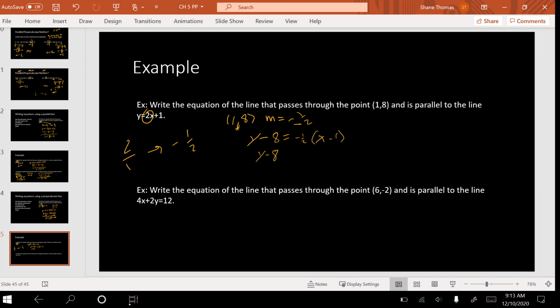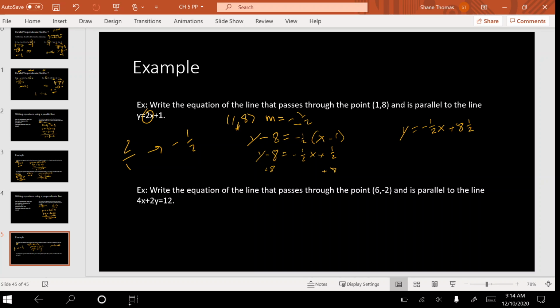So I have y minus 8 on the left, distribute a 1/2 through, what's that going to be then? Okay, so then I have to add an 8 across, right? So add an 8 to both sides. So then I'm going to have y equals -1/2 x, and then what's 8 plus 1/2? 8.5. You can just leave it like that. Questions there?